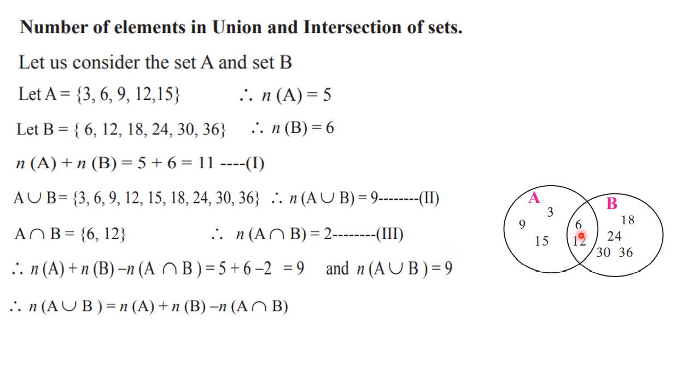This way we can represent by using a Venn diagram also. This complete area gives us union and this part gives us intersection. In the next lecture we will study the solved examples based on this topic, and then we will move towards the last practice set, that is 1.4.